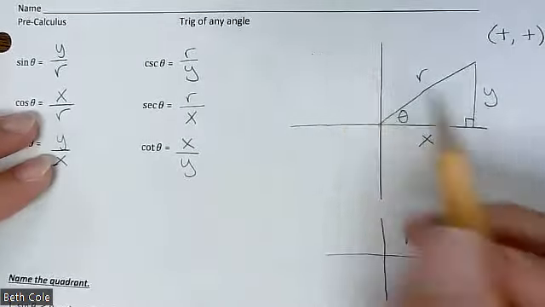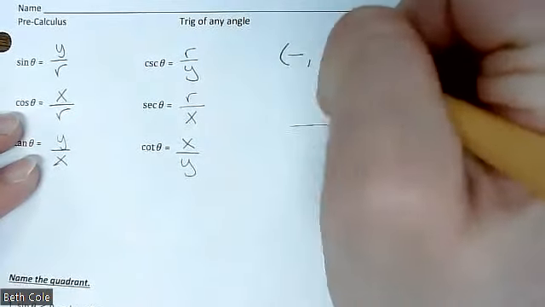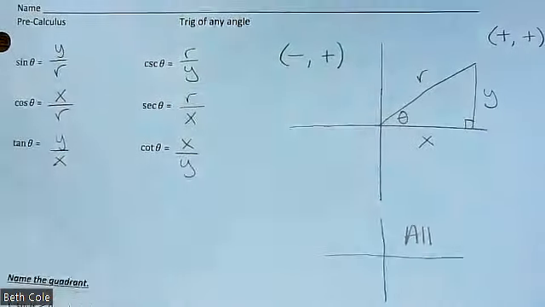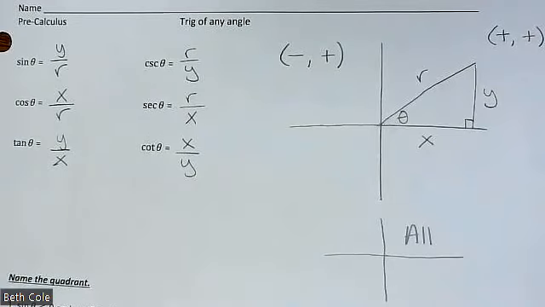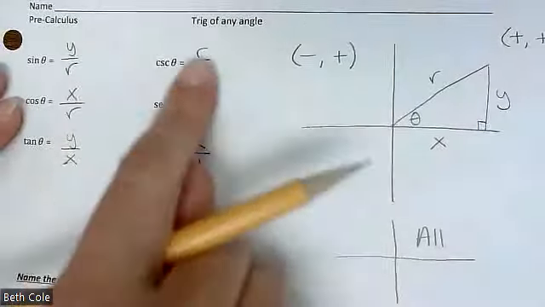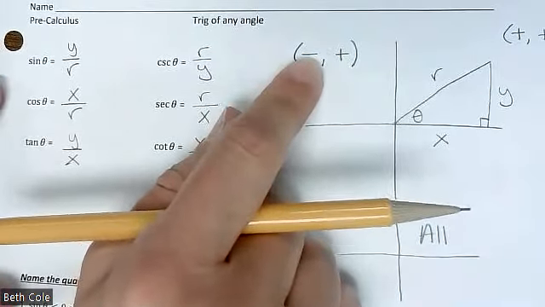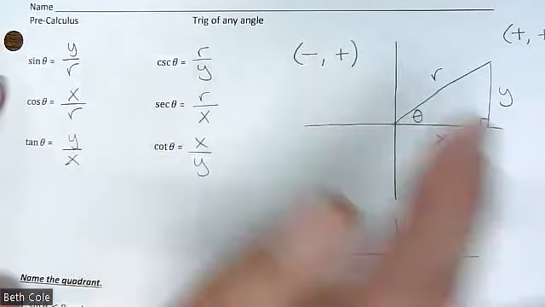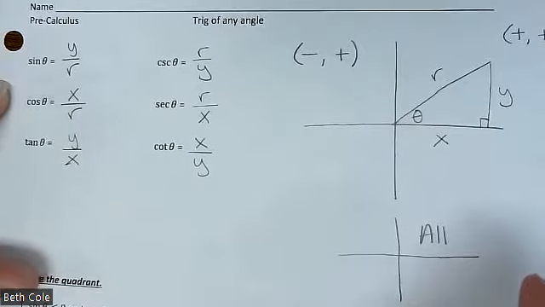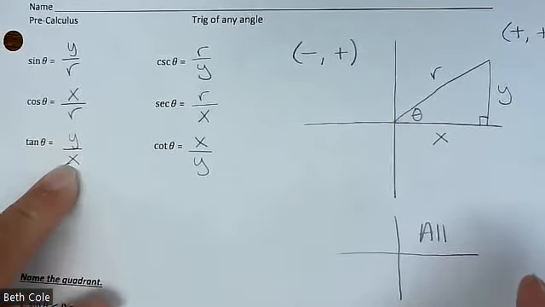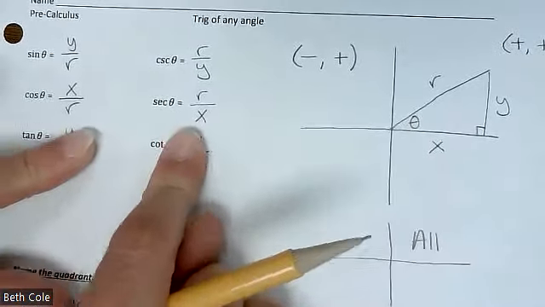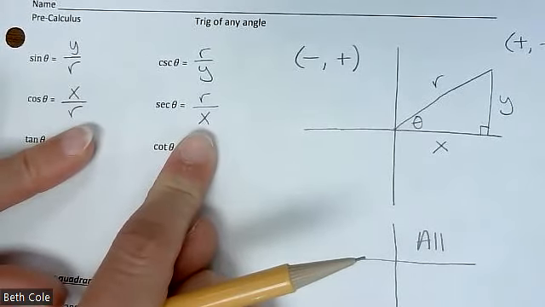If you go into the second quadrant, X is negative, Y is positive. So any one of these involving an X is not going to be positive anymore. Do you see what I'm saying? So that wipes out tangent. Do you see how that has an X? And cotangent. And then which other ones have an X?